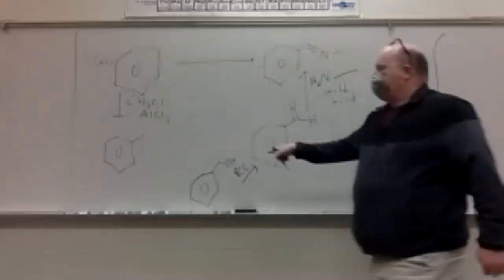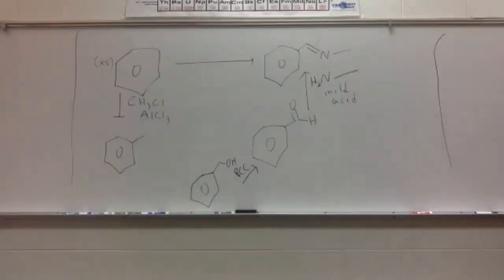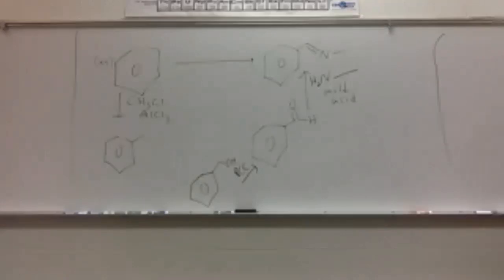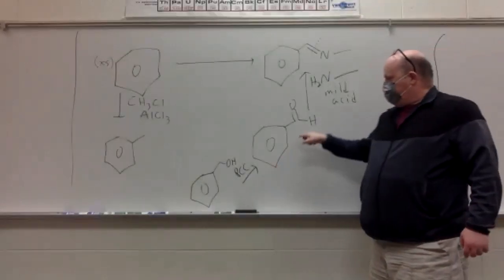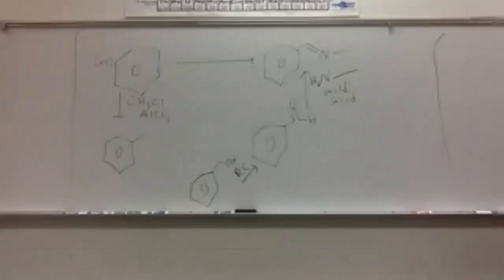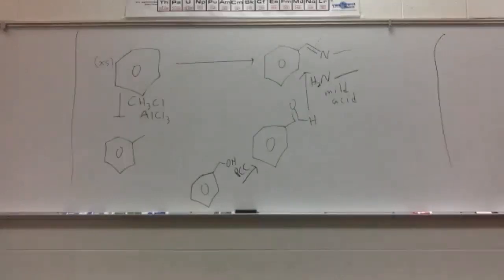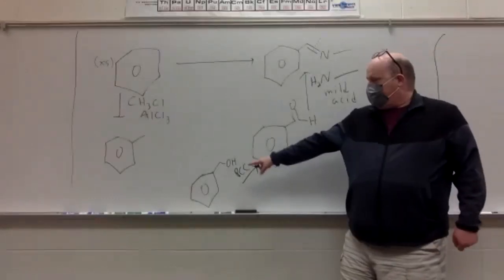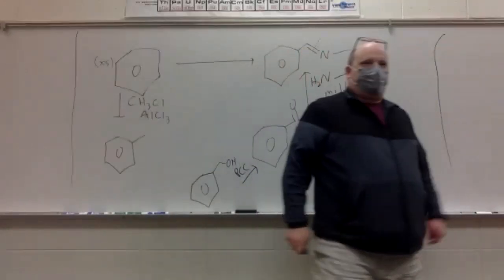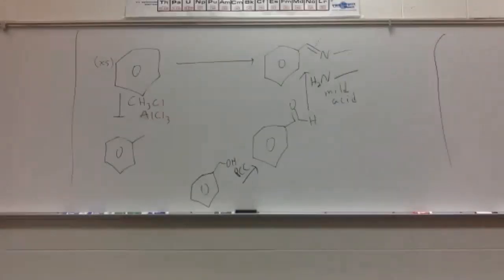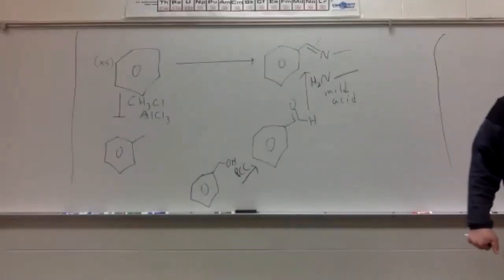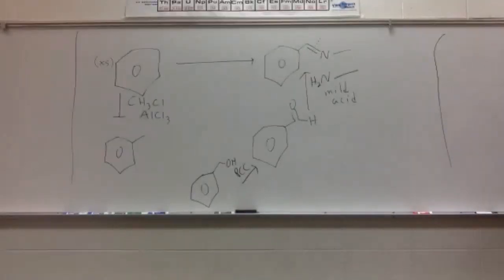So if we can get an OH group on that carbon, oxidize it with a mild oxidizing agent, then yeah, that'll get us an aldehyde for sure. Now we just got to figure out how to get an OH group on there. We can't do it directly. You can't just stick an OH group onto a CH3. But you can get one on there pretty easily by replacing something else.